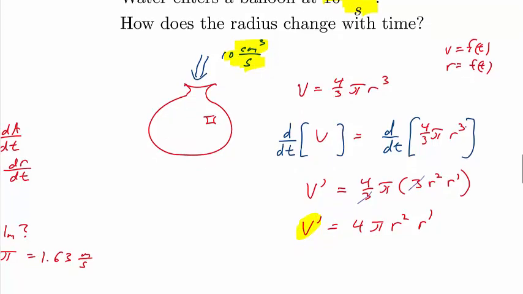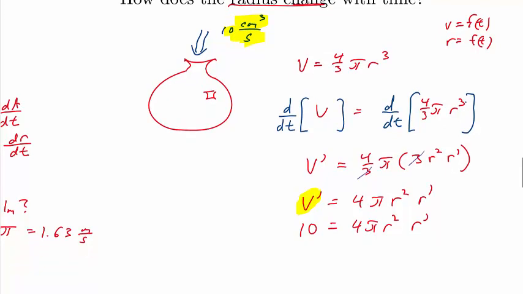And so we plug that in. 10 equals 4 pi r squared times r prime. Again, we're looking for how the radius is changing, so we need to solve for r prime. We write r prime here and divide everything in the front.